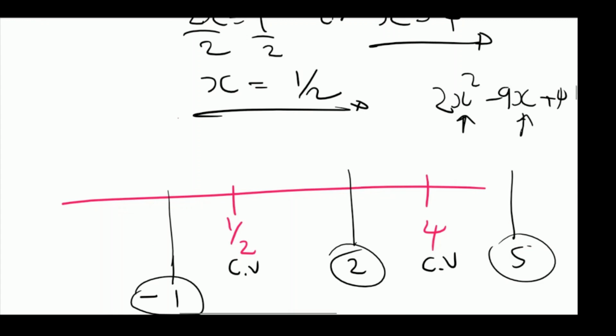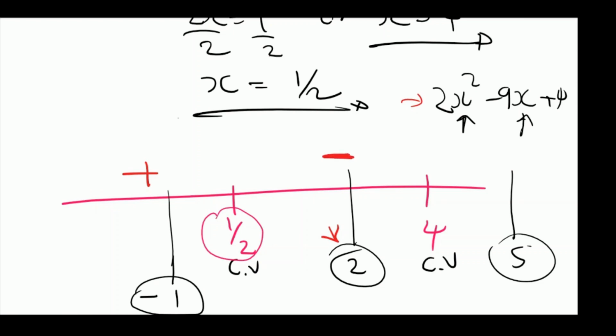Then the signs that you're going to get, because we're interested in the signs and not the solution. So before the critical value of half, you're going to get a sign of positive. And then when you substitute the value of 2 inside your equation, the sign you're going to get in this case is negative.